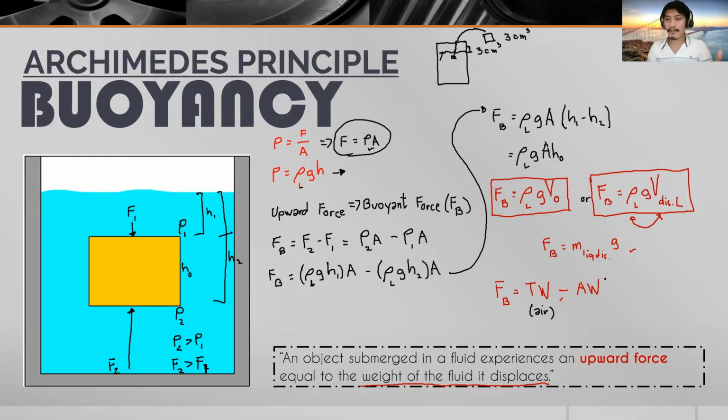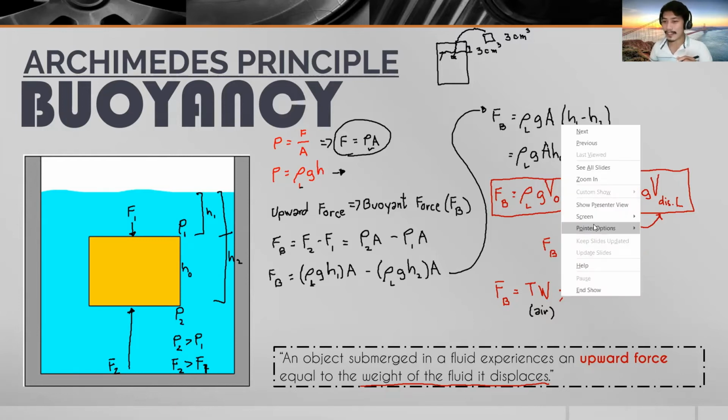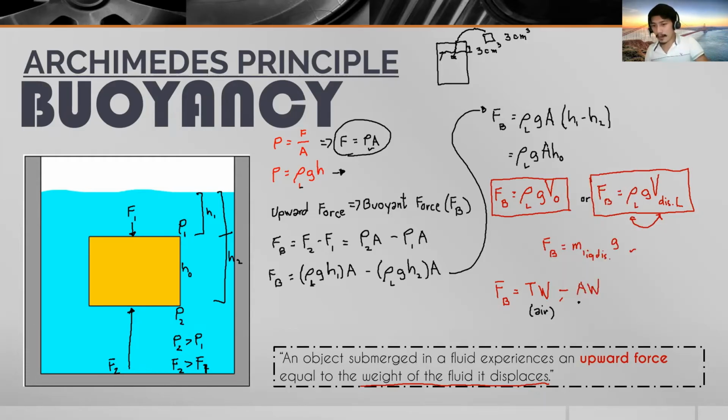That weight of your object when it is immersed or submerged in a particular fluid is what we call the apparent weight. Okay? So, ano yung apparent weight? That's the weight when it is immersed in a particular fluid. In this case, pag sinabi nating fluid, I am referring to liquid.